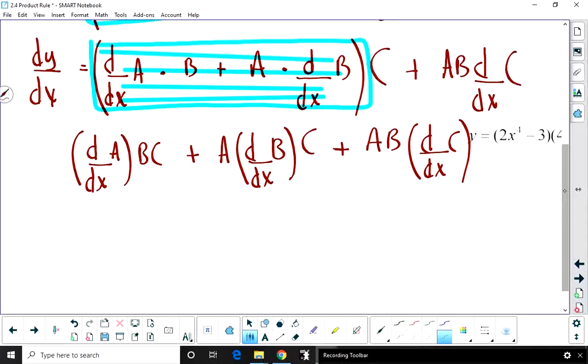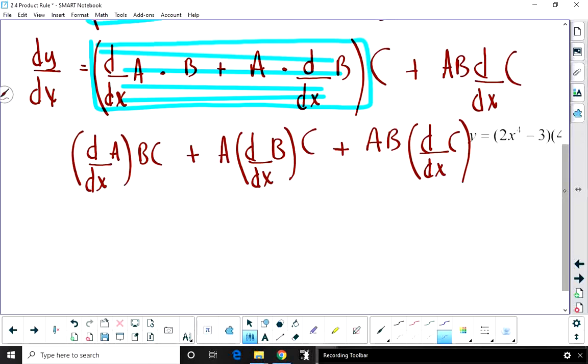That's what the product rule says. So if I have three things, the derivative of the whole thing is the derivative of the first times the other two, plus the derivative of the second times the other two, plus the derivative of the third times the other two. And if there were four different terms, it would be the derivative of the first times the last three, plus the derivative of the second times the other three, plus the derivative of the third times the other three. It's the binomial theorem, by the way. That's what's going on here.